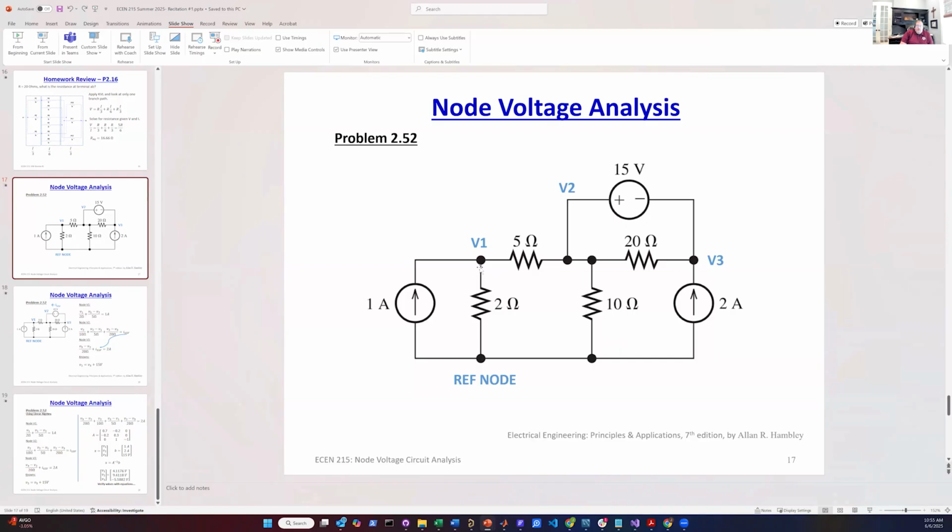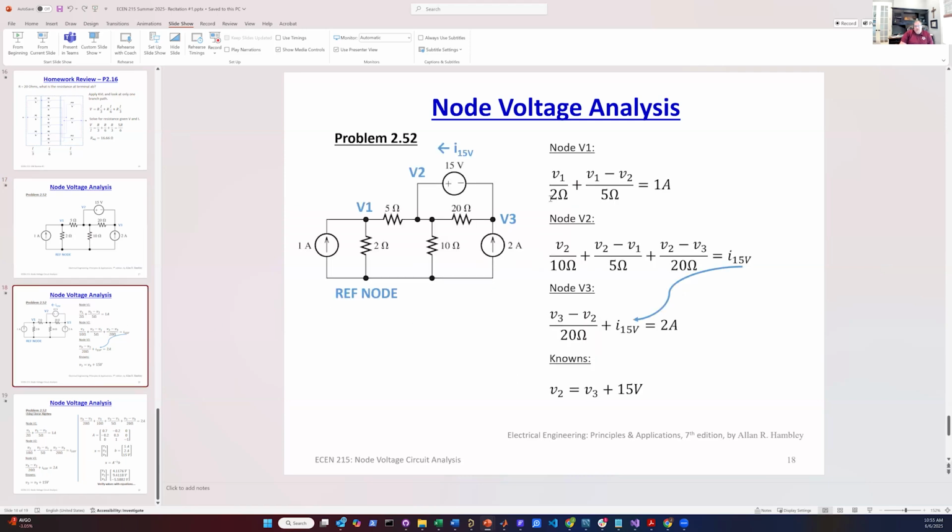And so we would write equations for each one of these nodes in terms of current, and we use Ohm's law to get current. So the way you do this is, because we don't know what the current is going through this 15 volt, we're going to have to make it something here in a minute. So the first one's fairly straightforward.